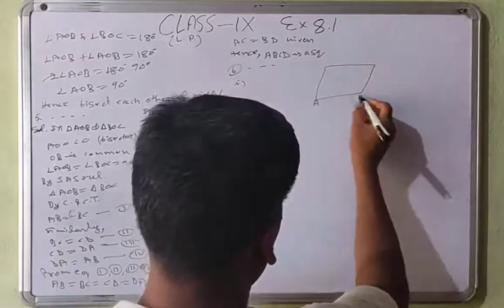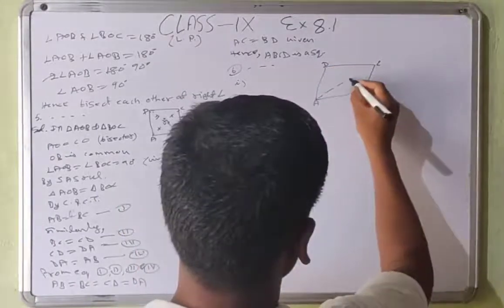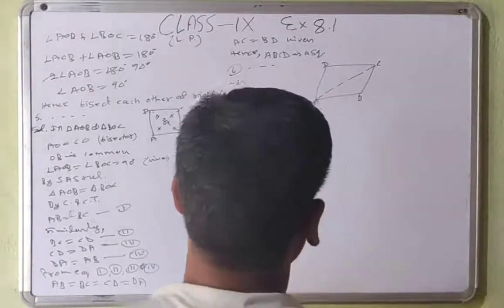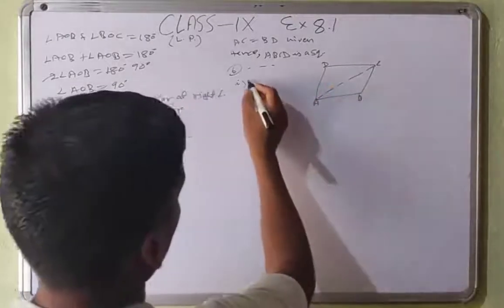A, B, C, D, and that is a diagonal. So we see these two triangles.